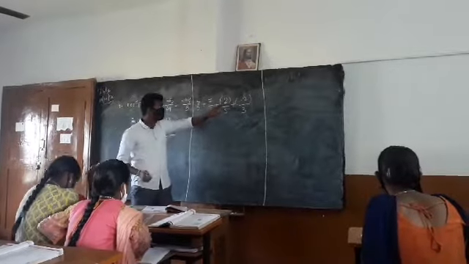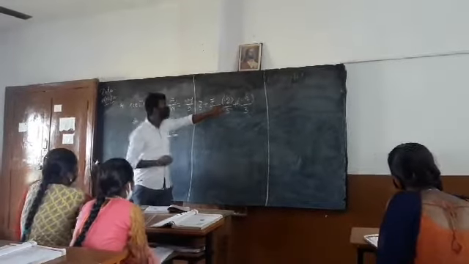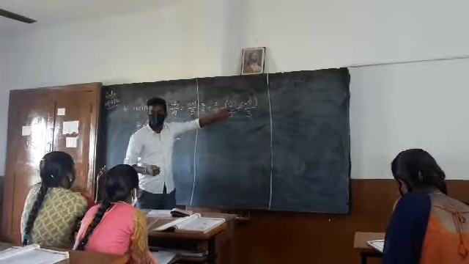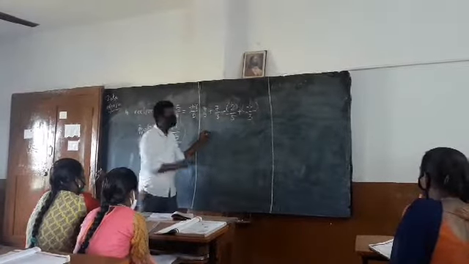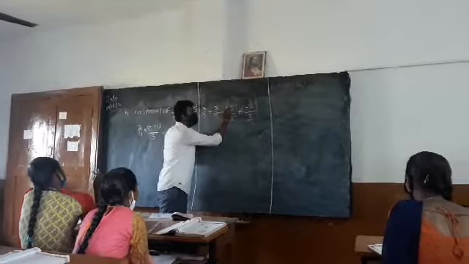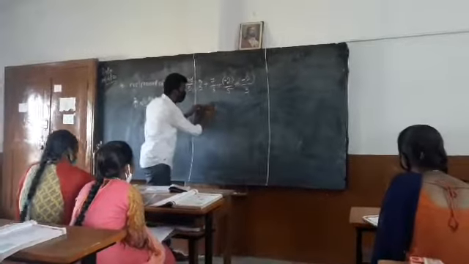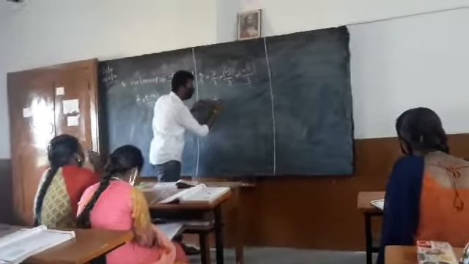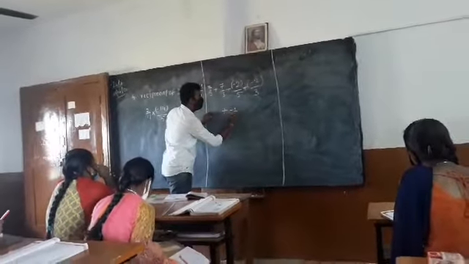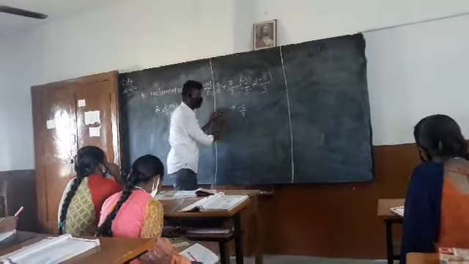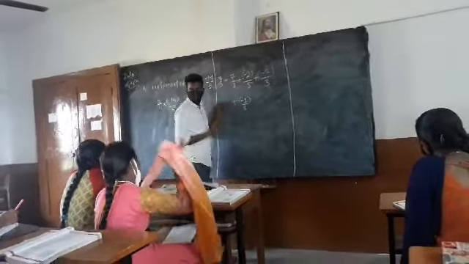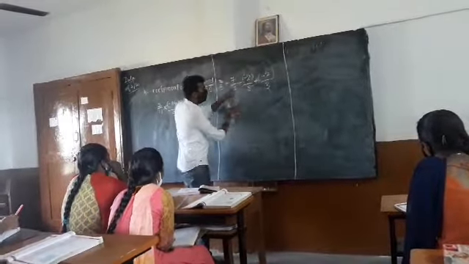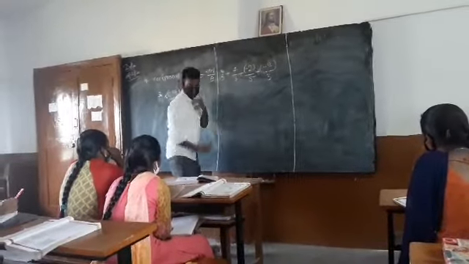Whenever a minus sign is involved, they put brackets. Why? There should not be a clash between the plus and minus. It should be represented as a multiplication. You can never write a plus minus 2 by 5. You should enclose the negative number in brackets. Understood? That is why he has specified brackets.